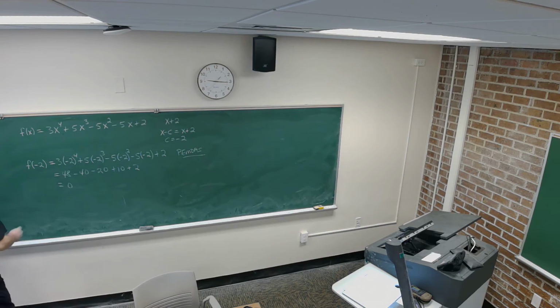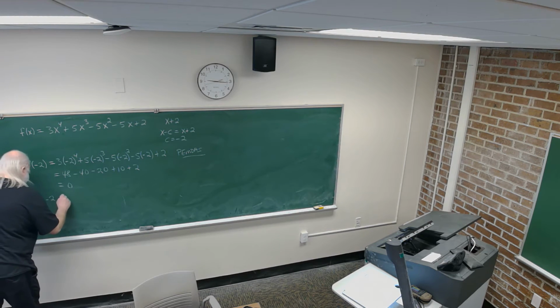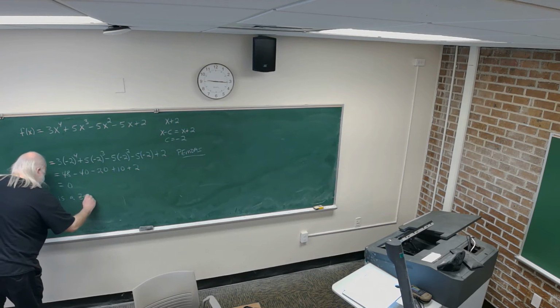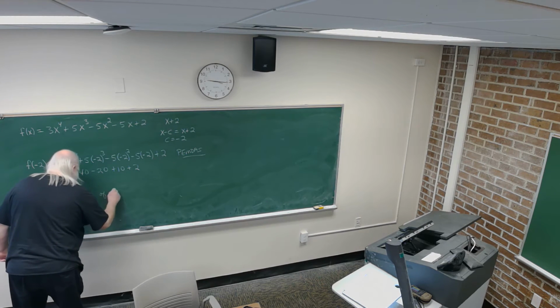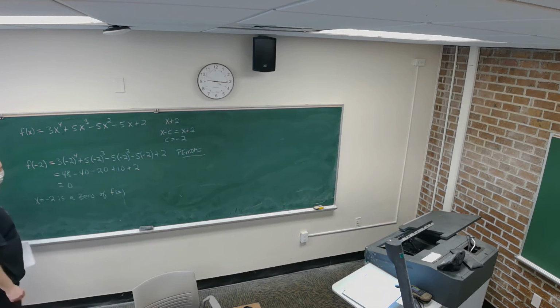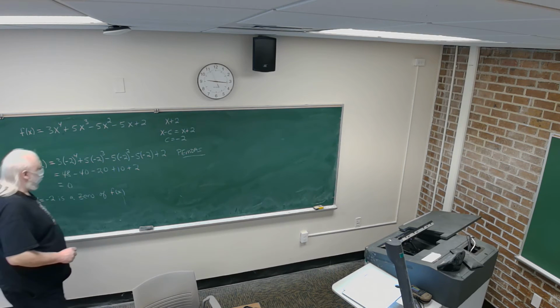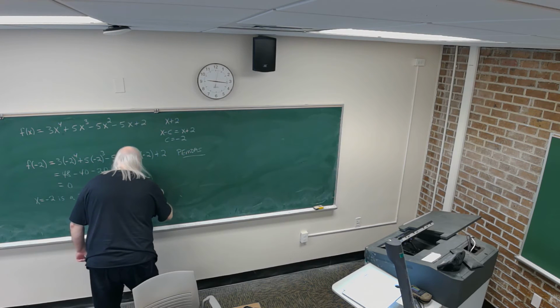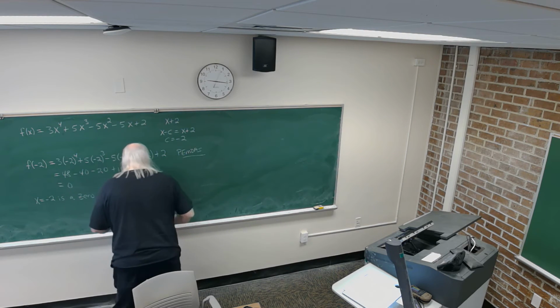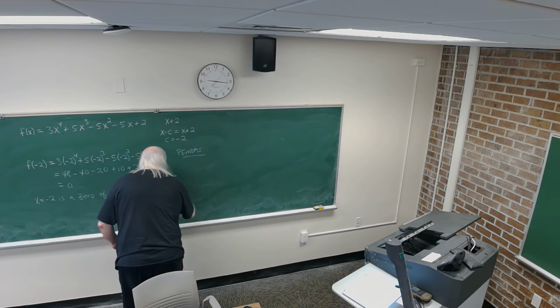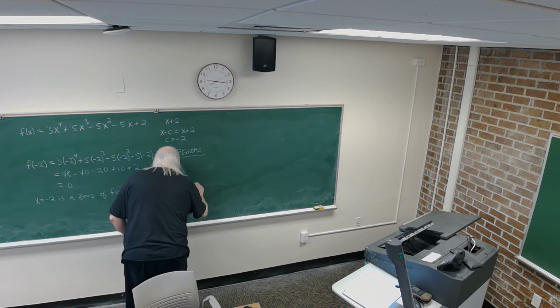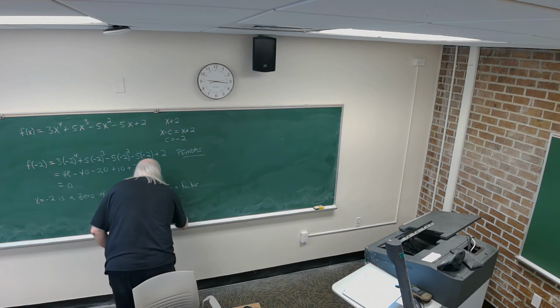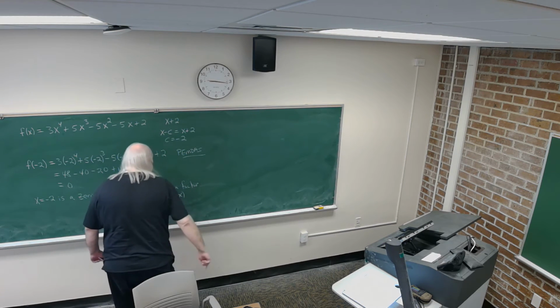So x equals minus 2 is a 0 of f of x, and x plus 2 is a factor of f of x.